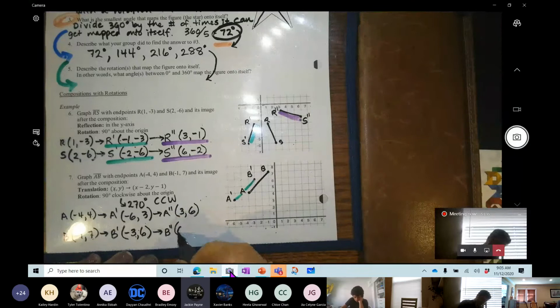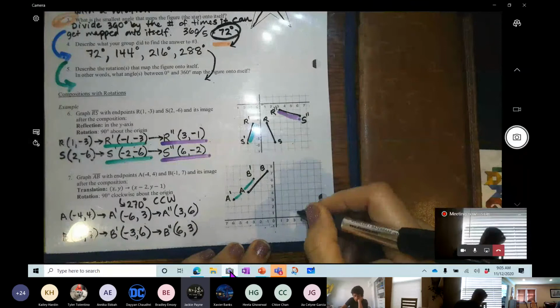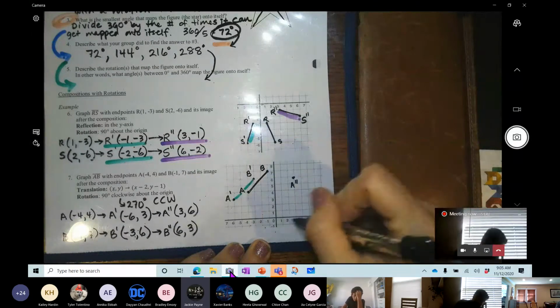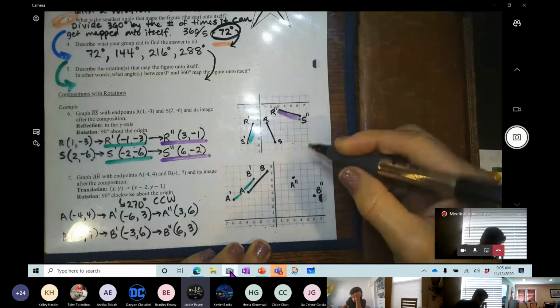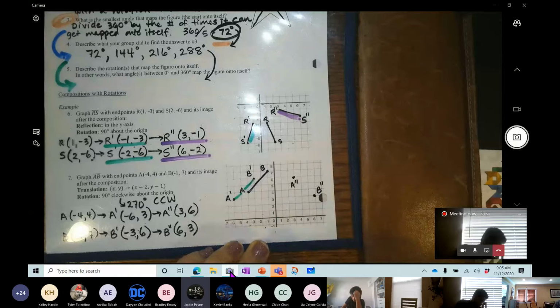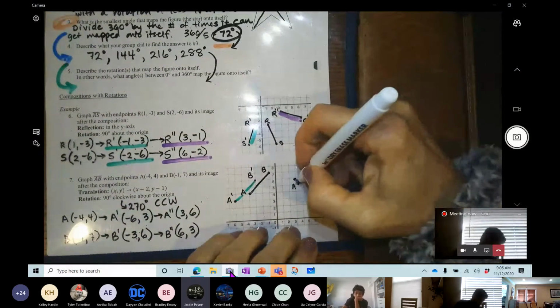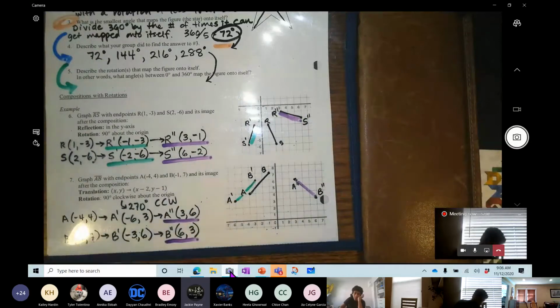And then this 6 will go here, but then this opposite sign will go here. So now I'm at 3, 6 for A double prime, and I'm at 6, 3 for B double prime, and I'm just going to go straight for my purple instead of making it black, because these now match.